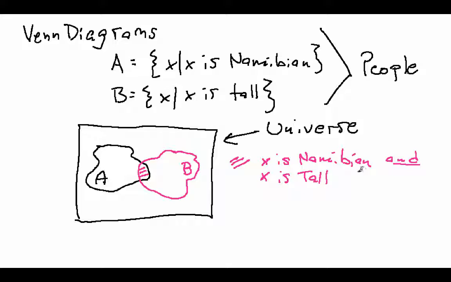Now we have a name for that, and the key thing to notice here is the word and. In set theory, this is what's called intersection, and what we have here is A intersection B.